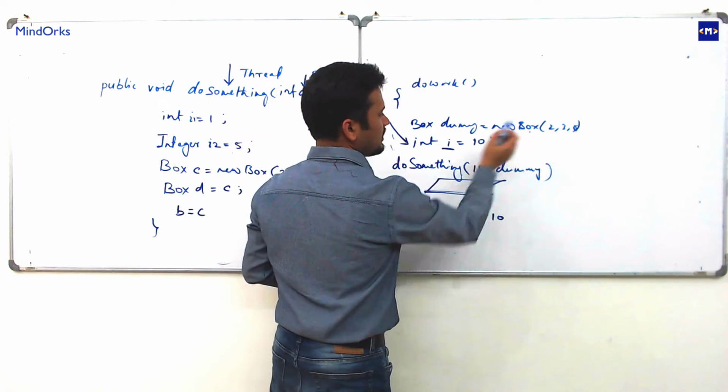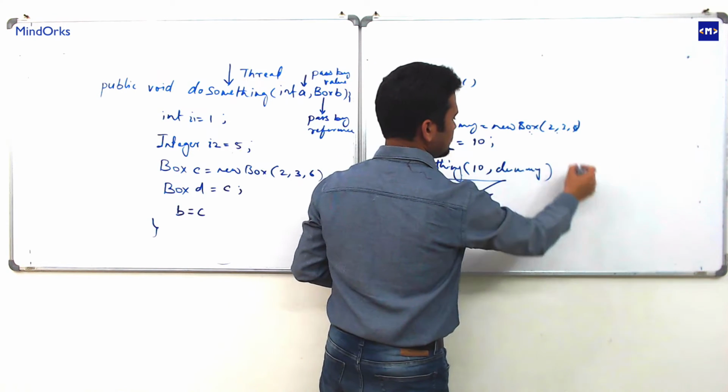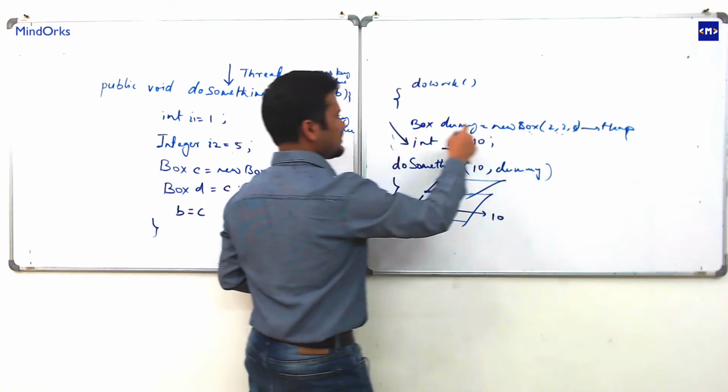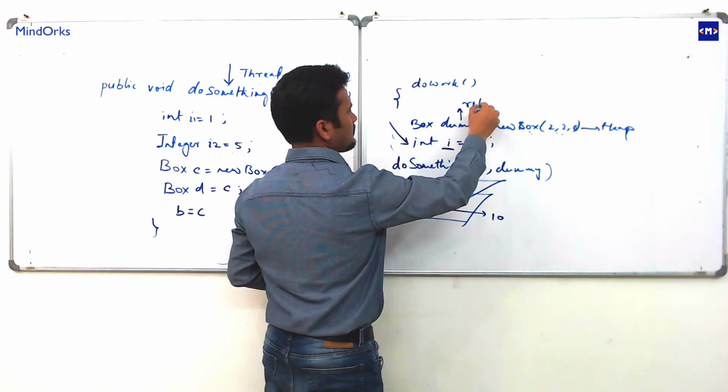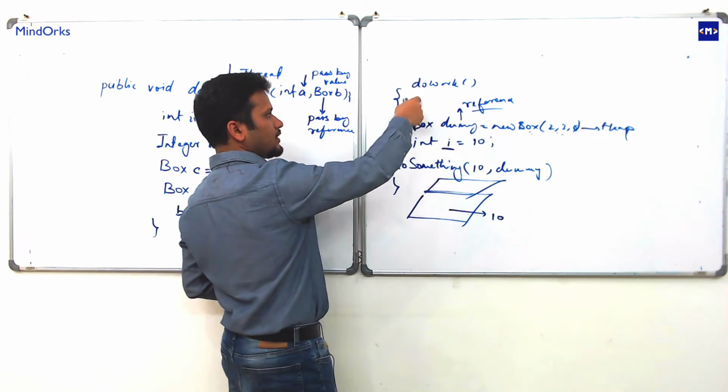And your box, when it is created, will be created in the heap, and a reference will be returned, and this reference will be stored in the stack.